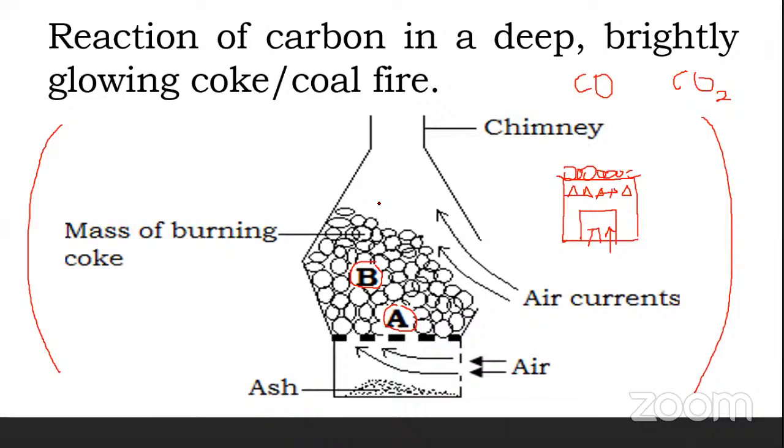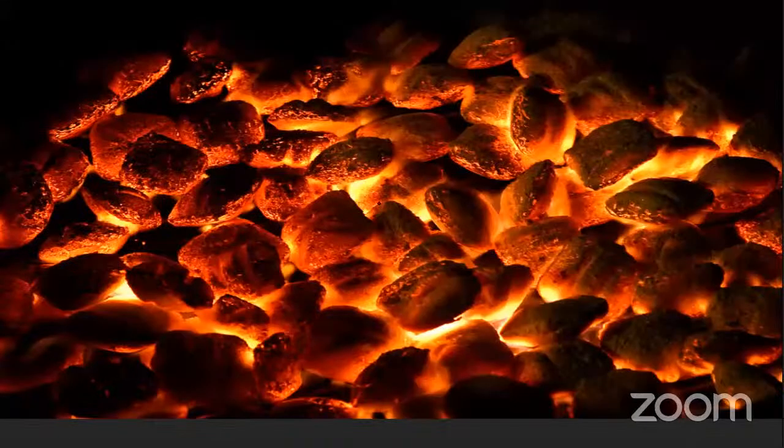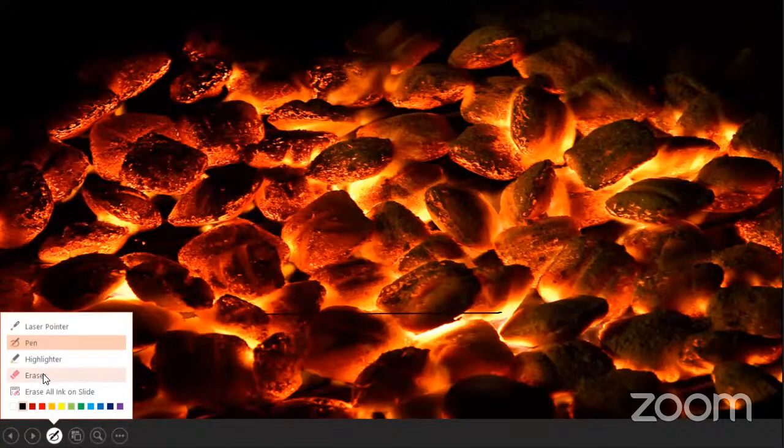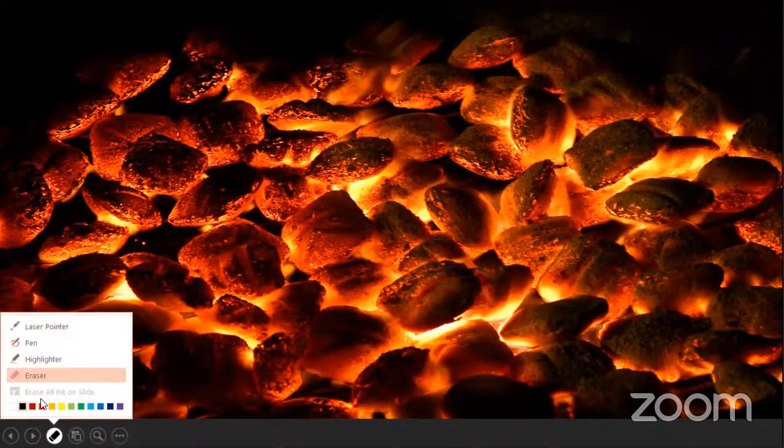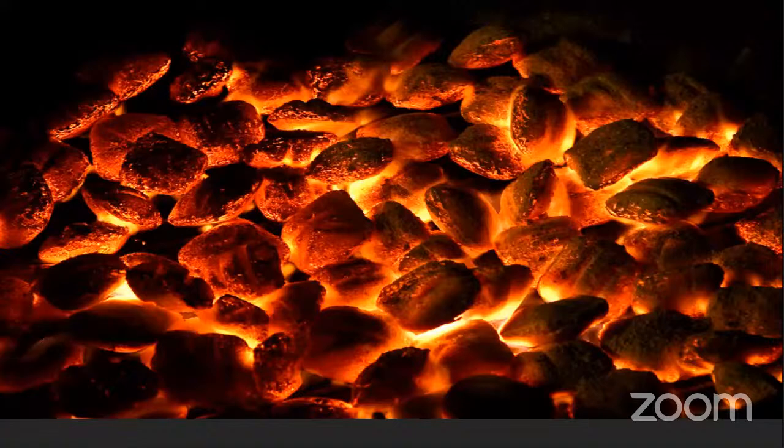We can demonstrate this using this diagram. So this is our charcoal burning. Let me change the color of my pen. For example, here, if you can see very well, like here we have where it is very red.